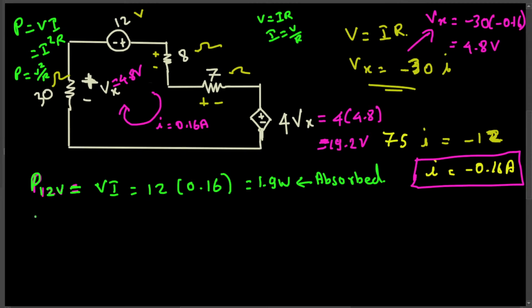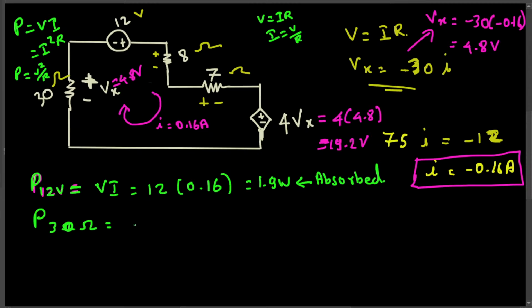And we can calculate power across this 30 ohm resistor. For this one also, the current goes from minus to plus. So this is going to be a power absorbed as well. For this one, which equation is better? We found out the voltage, and we know the current.